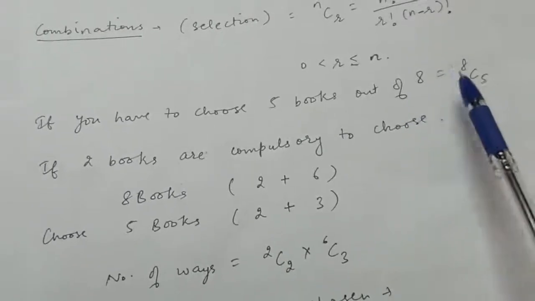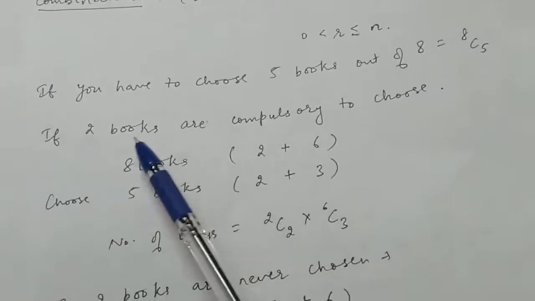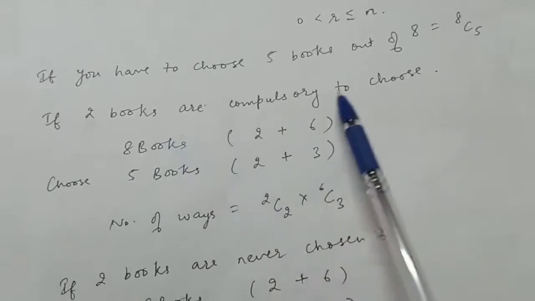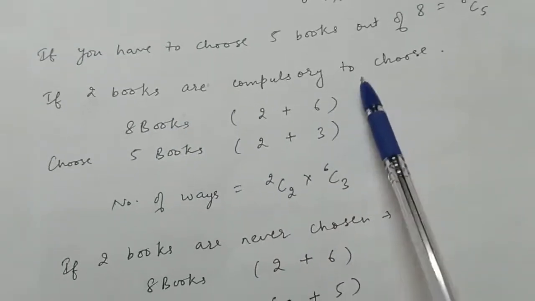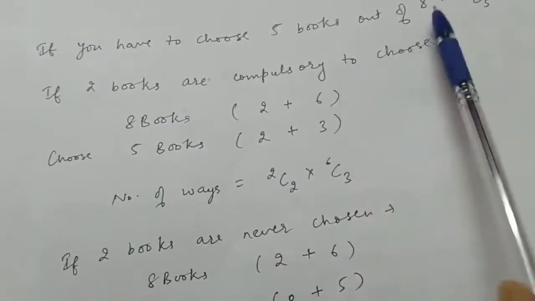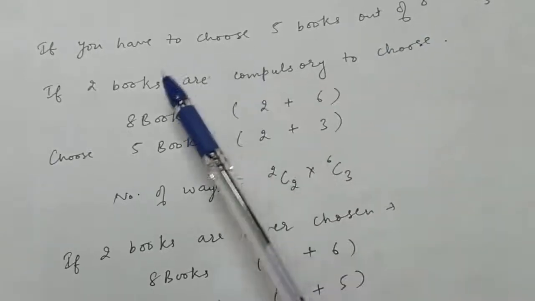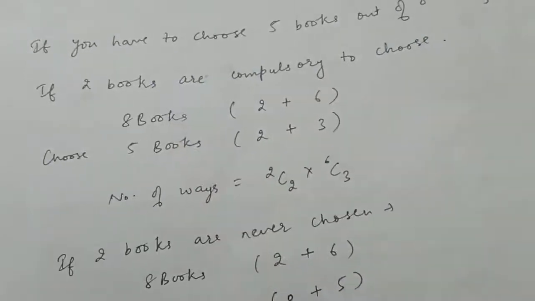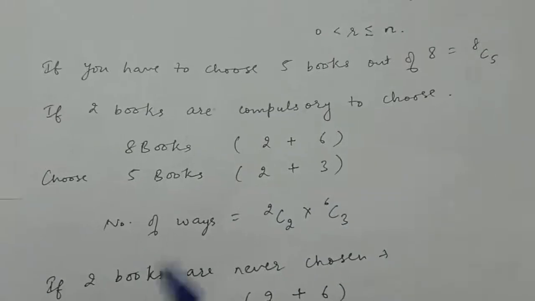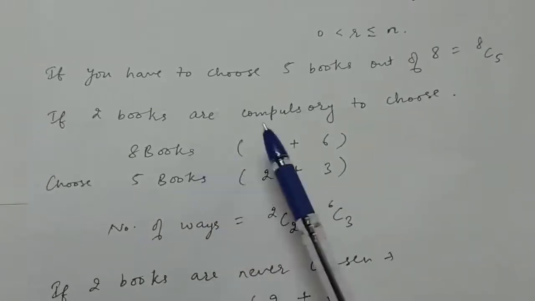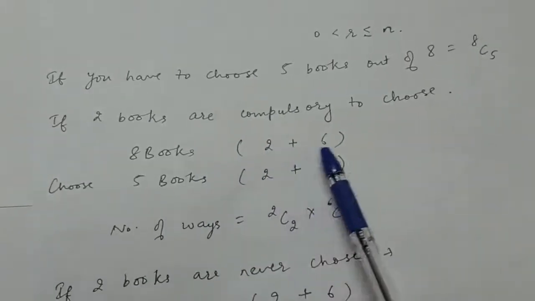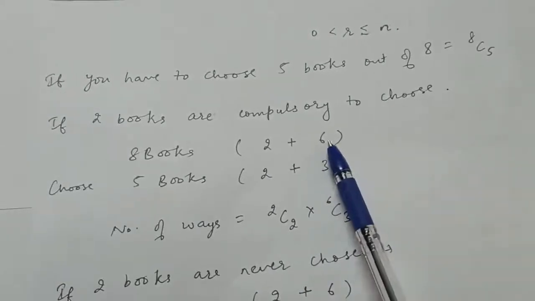ways, right? Now suppose they say that 2 books are compulsory to choose, that is, it is mandatory that you have to choose them out of these 8 books. Now see, 8 books are there. 2 are compulsory plus other 6 books, right?